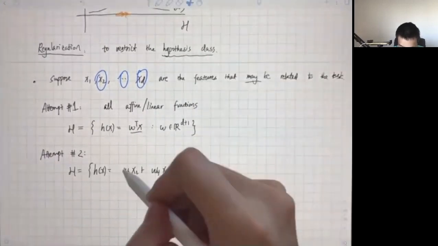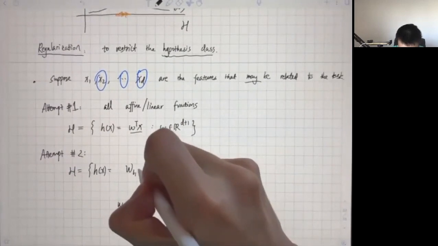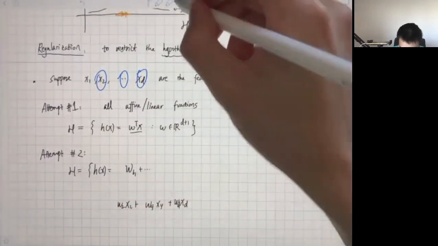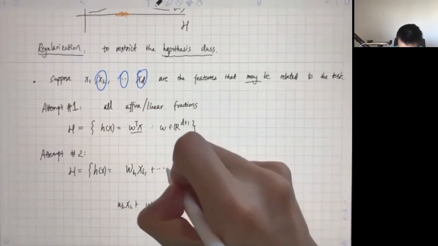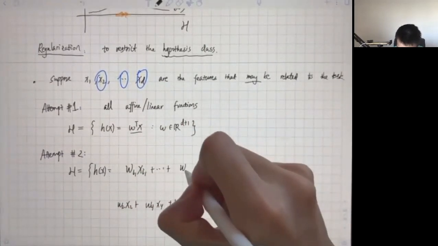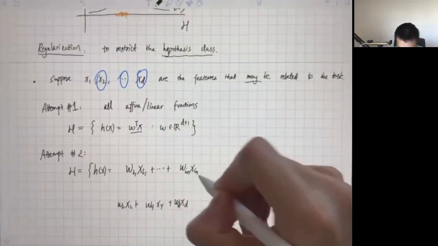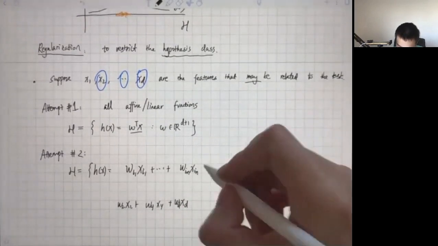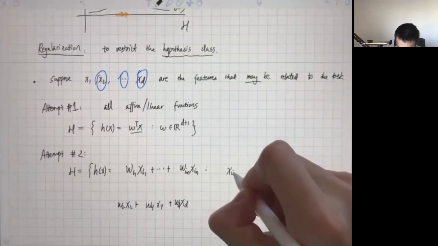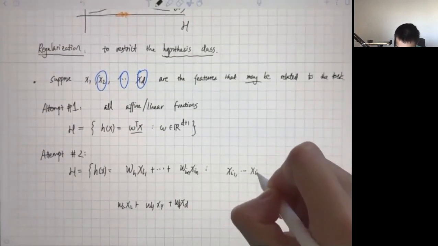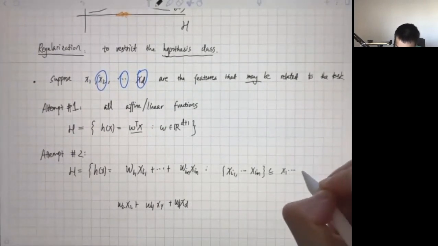Or in a more general form, I use features x_i1 up to x_in, so I have n features in total, where x_i1 up to x_in is a subset of all my features.